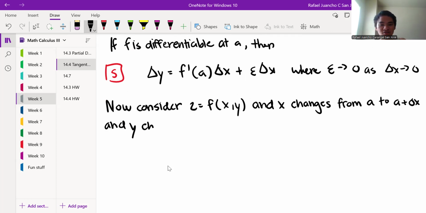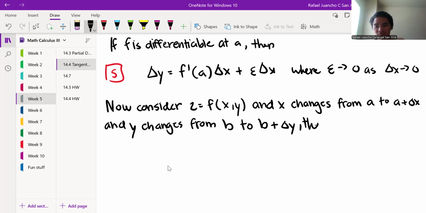And y changes, so now both independent variables change, from b all the way to b plus some delta y.